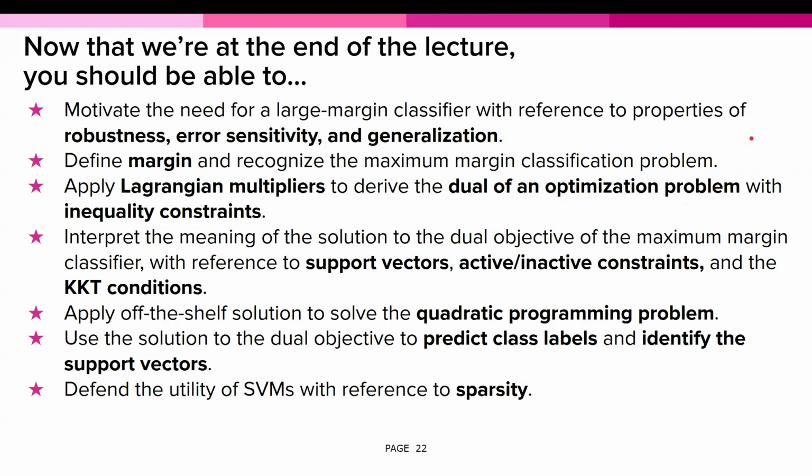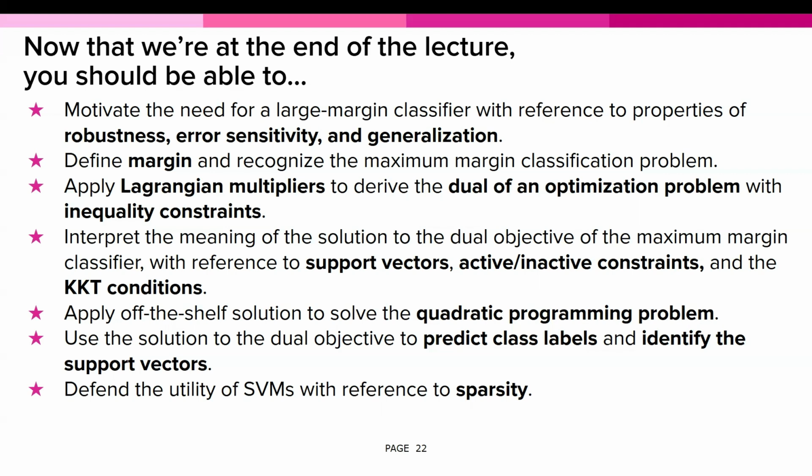We also saw how Lagrange multipliers can be incorporated to derive the dual of an optimization problem with inequality constraints, and how to interpret the solution to the dual objective. Once we solve the problem and get our lambdas, what does that mean? We used language like support vectors, active and inactive constraints, and the KKT conditions.